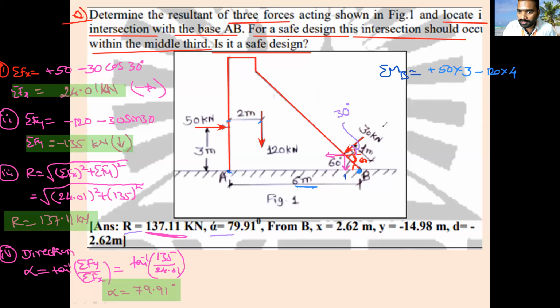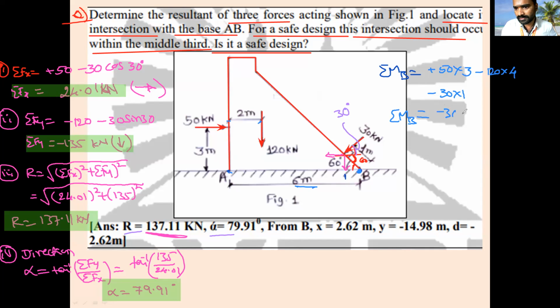Next, coming to the third force. This third force is acting perpendicular to the inclined surface. The perpendicular distance, 1 meter, is already given. Will this force rotate clockwise or anti-clockwise? Anti-clockwise about point B. Minus 30 into 1 meter. Calculate the moment about B. Minus 360.